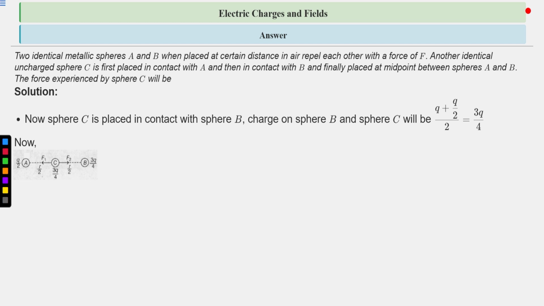So F1 is the force due to B on C and F2 is the force due to A on C. Now F1 is K into Q by 2 into 3Q by 4 upon R square by 4.